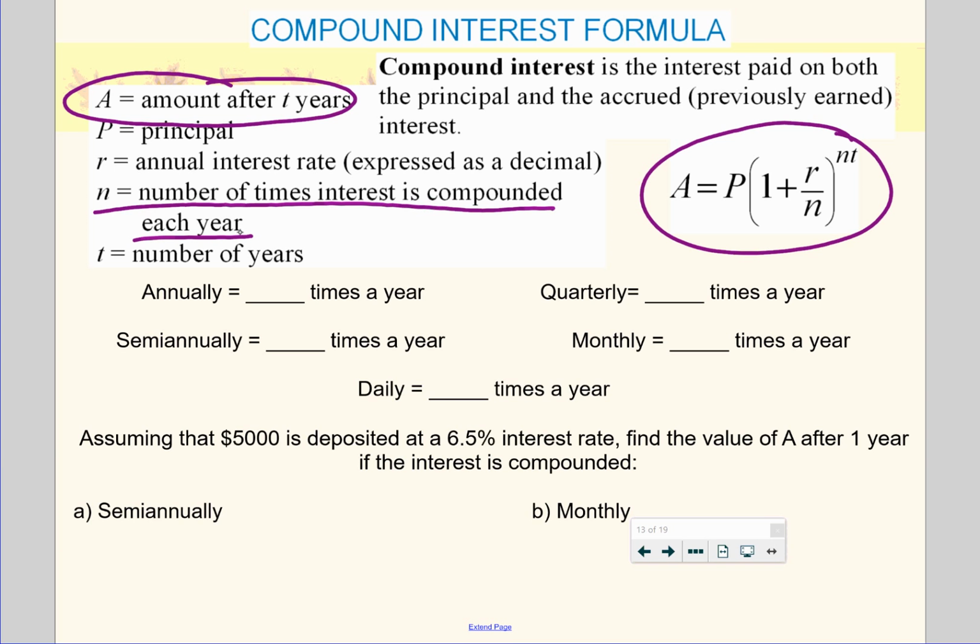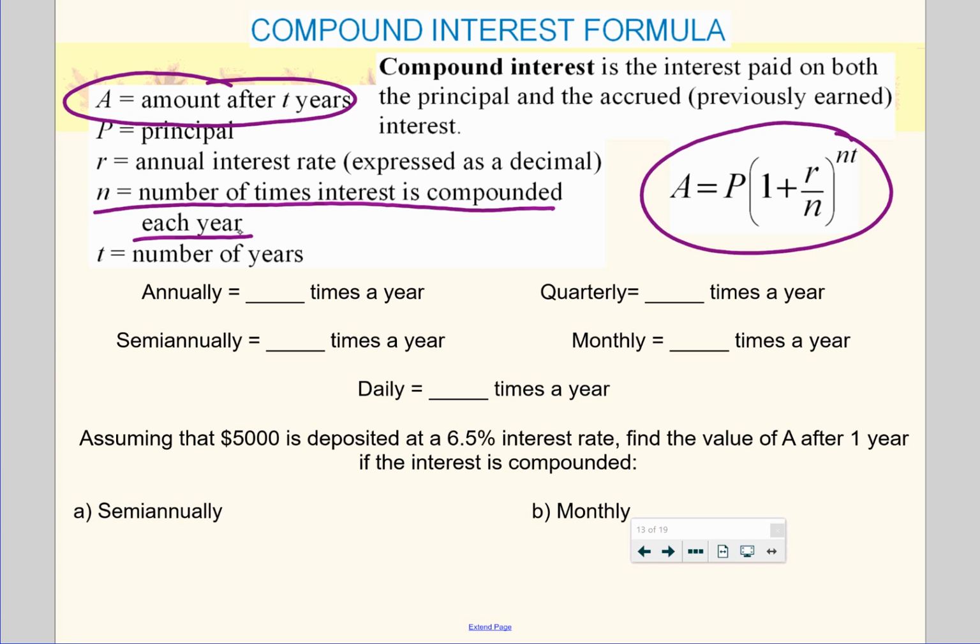So we're earning interest on our initial deposit, and we're also earning interest on our previously earned interest. So instead of earning interest on 100, I earn interest on 105, which means I get a little more money year 2 rather than what I got on year 1. And the more times you compound, the more often that interest is thrown back into the deposit, so the more money you make. The more you compound, the more money you make.